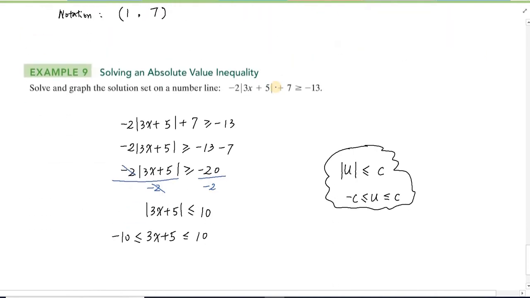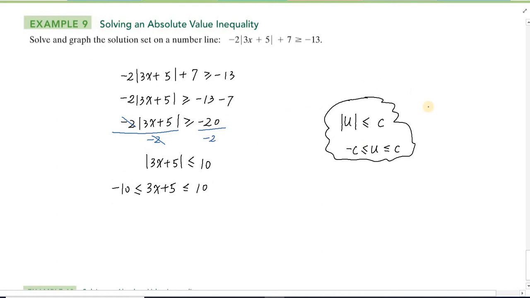That's the reason why we can apply this rule right here. Now, since we're solving the compound inequality, we're just going to subtract 5 from every term, and then we're going to have 3x greater than or equal to negative 15, and less than or equal to 10 minus 5, which gives us 5.